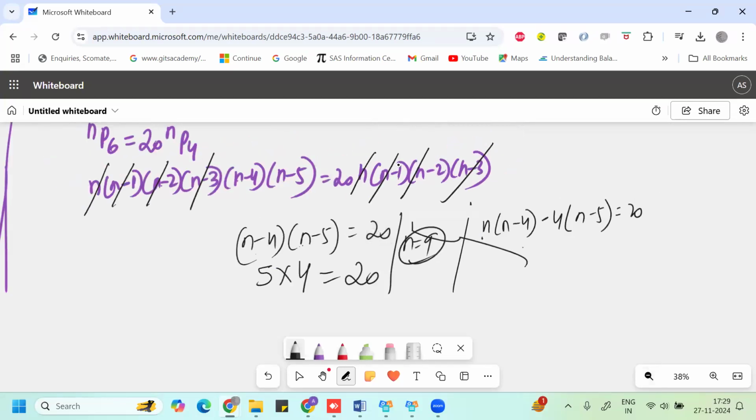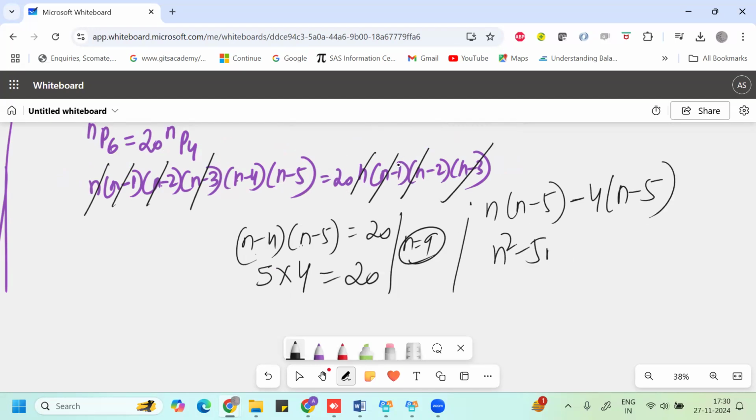So n square minus 5n minus 4n plus 20 is equal to 20. n square minus 9n is equal to 0.